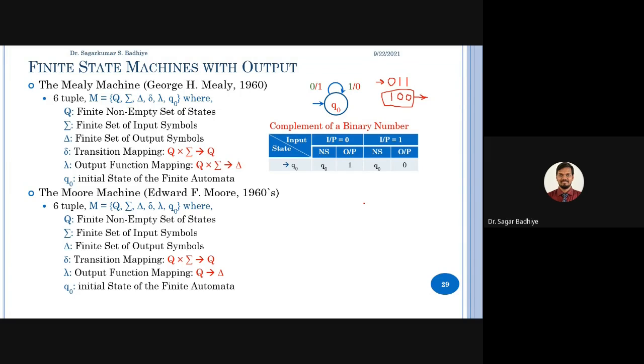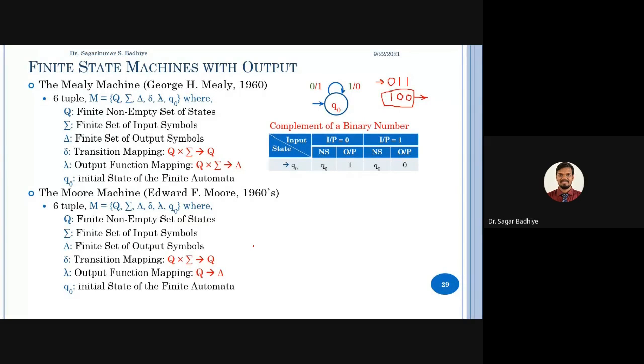Transition was the same as that of our DFA, but the difference between Mealy and Moore is in the output function mapping. In a Mealy machine, the output depends on the current state and the current input, whereas in a Moore machine, the output depends only on the current state.